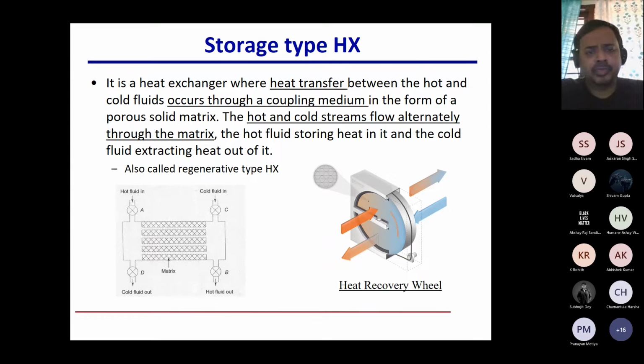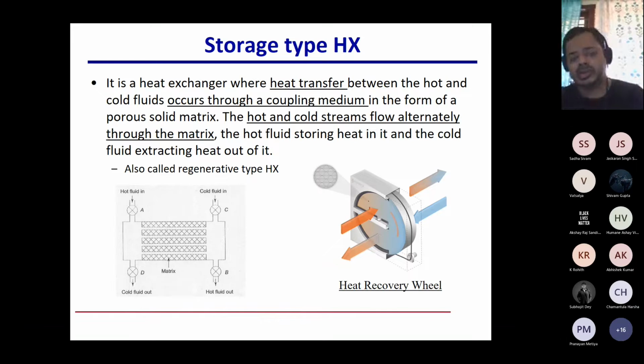What happens? The heat transfer happens through a coupling medium. The heat transfer between the hot and cold fluids occurs through a coupling medium in the form of a porous solid matrix. The hot and cold streams flow alternately through the matrix, the hot fluid storing heat in it and the cold fluid extracting the heat out of it.